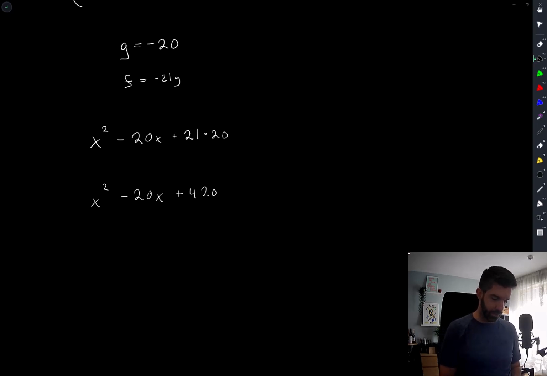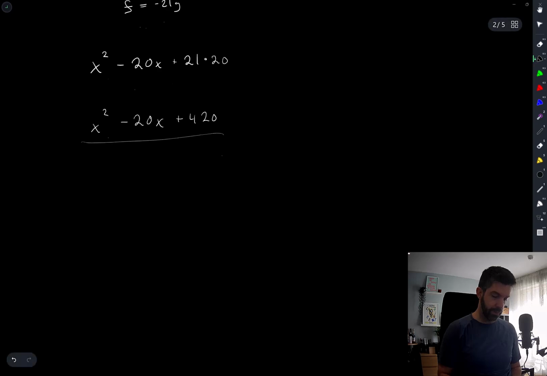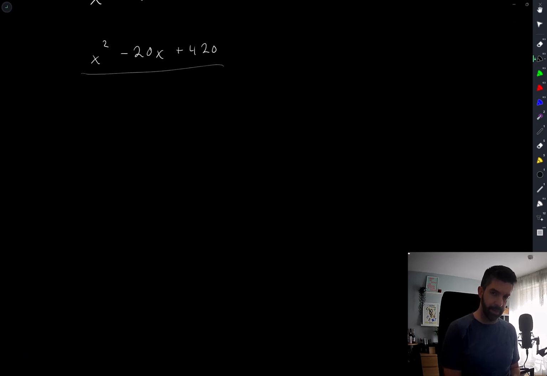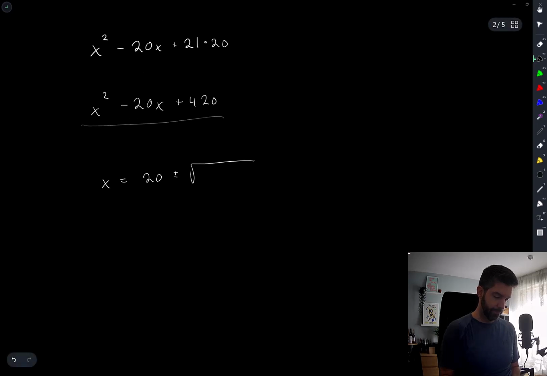So this is our polynomial. We need to find the two roots of that. I think the quadratic formula is good enough for this. B squared minus 4ac, so that's 400 minus 4 times 420 divided by 2.